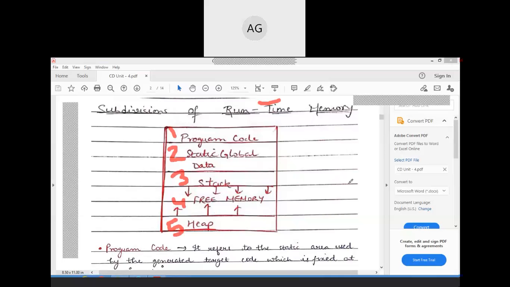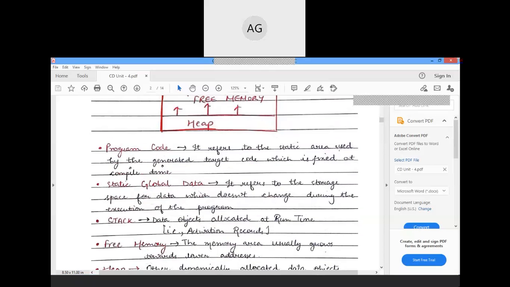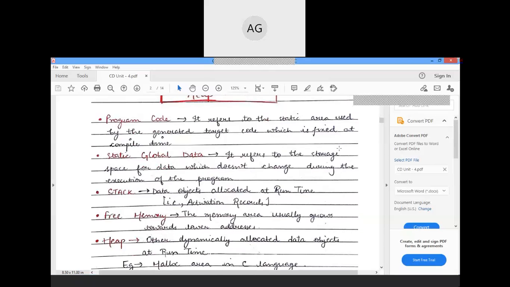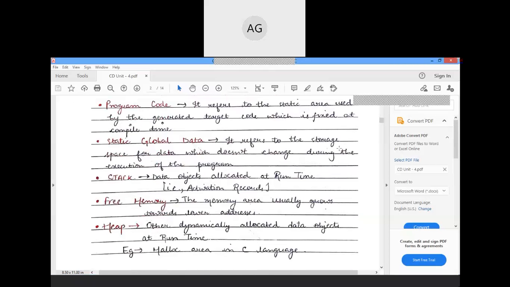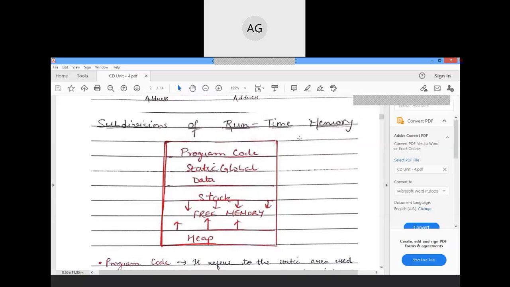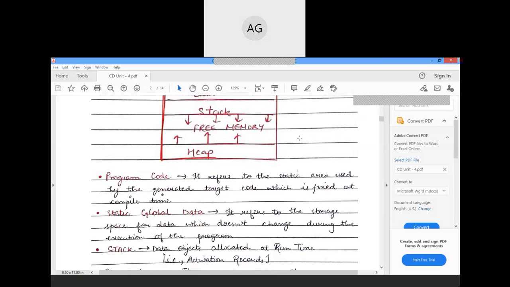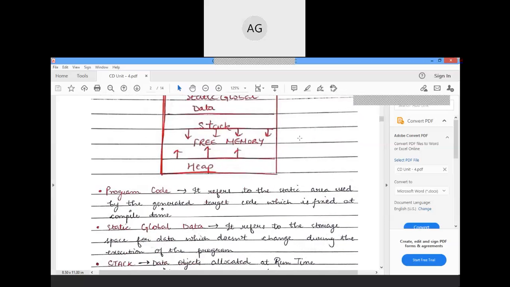When you studied the tree data structure, after that you studied the heap data structure in the tree unit of data structure and algorithm. So these are some of the subdivisions of the runtime memory, and there is some explanation for them.